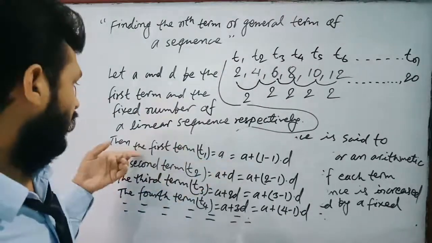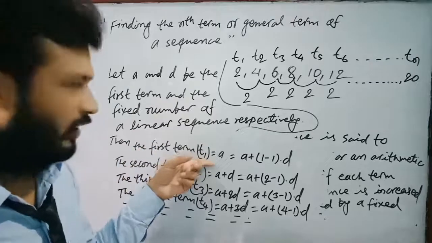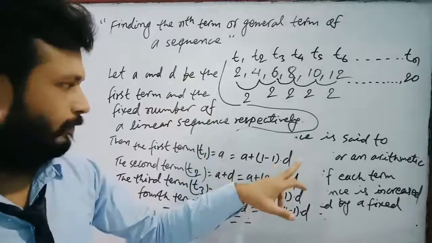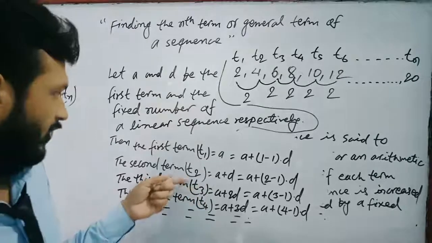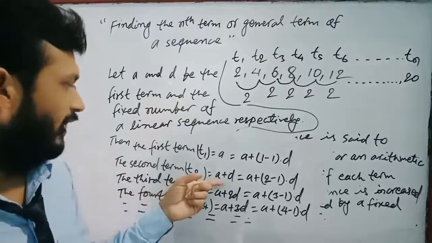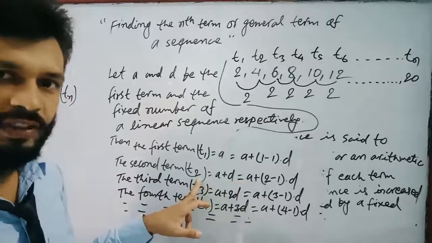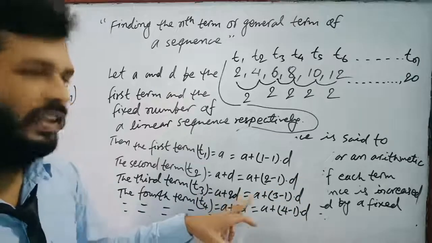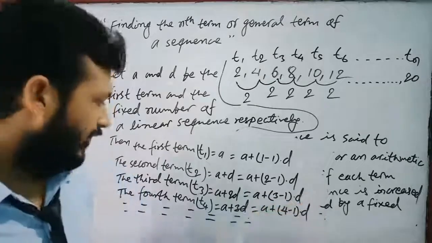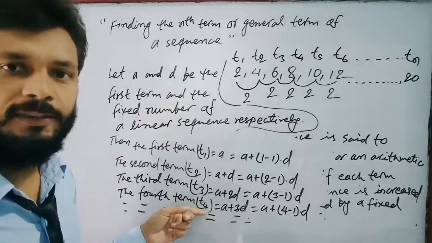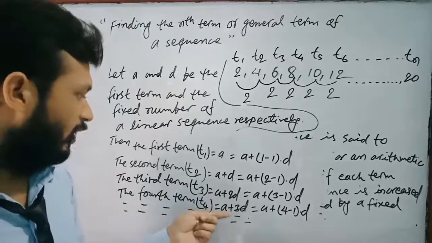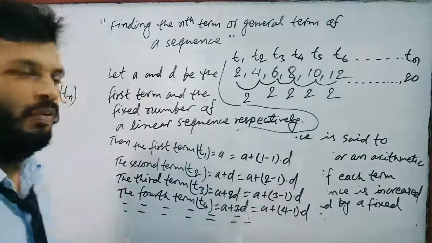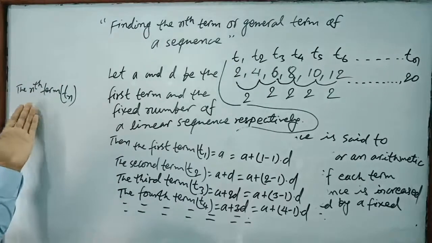Again, let's see. The first term T1 equals A, we can write A plus 1 minus 1 into D. Then for the second term T2, A plus D equals A plus 2 minus 1 times D. Then A plus 2D equals A plus 3 minus 1 D. Then T4, A plus 3D equals A plus 4 minus 1 D. Okay, the same way we can write in this term.